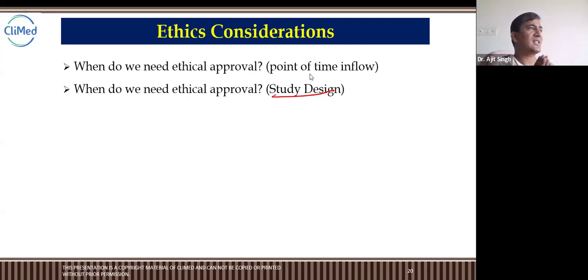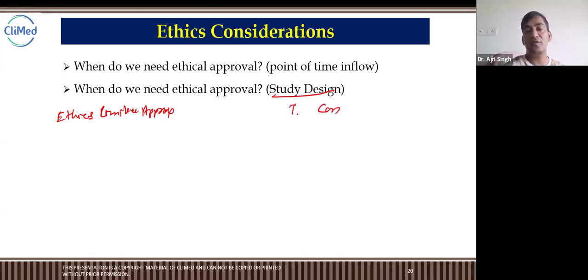So again, try to understand. See, this is quite confusing. I understand it is not a very easy task to understand. There are two things. One is ethics committee approval. See, let me write. One is ethics committee approval. One is the consent form, the informed consent form.